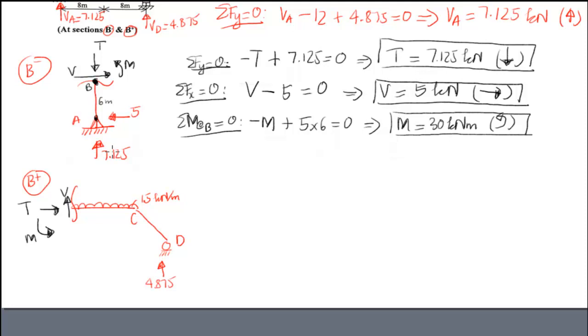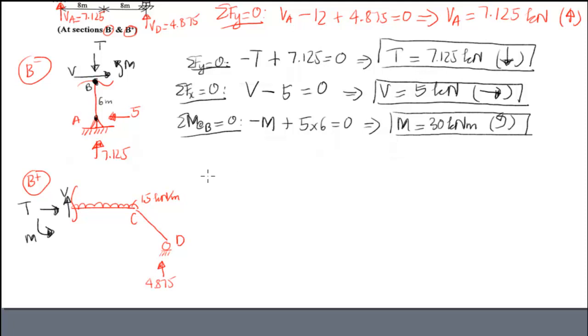Okay, now here we go. So see, we have to find TVM based on this structure. You see T here, only T in the X direction, right? So T will obviously be 0.